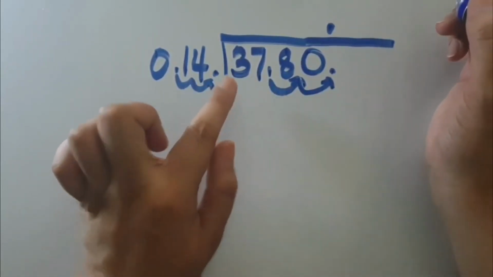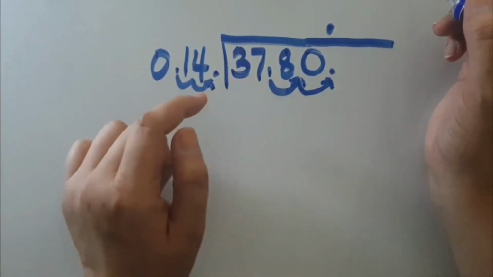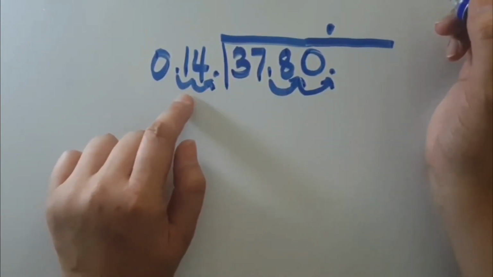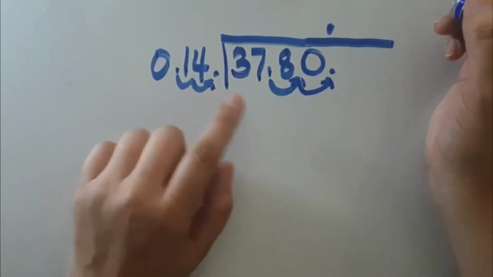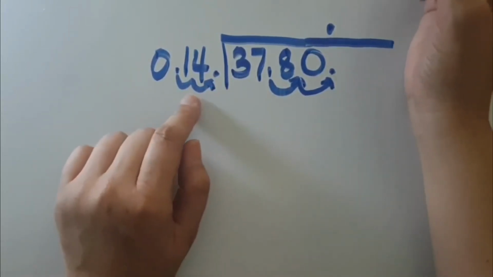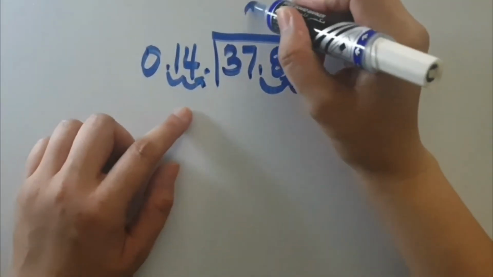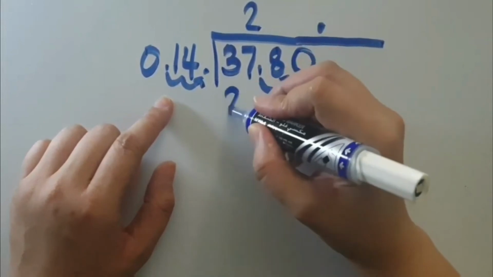Then we can divide. We now have 3,780 divided by 14. So we will start with 37. 37 divided by 14 is 2. 2 times 14 is 28.